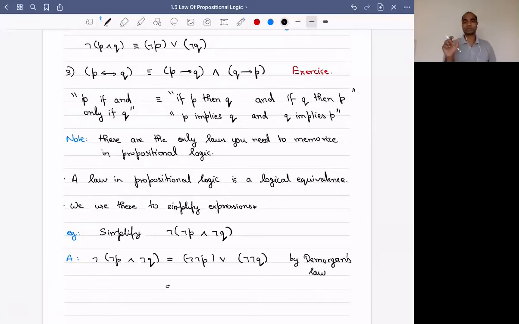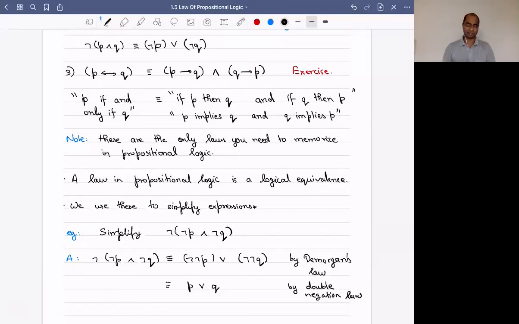And then I can use the law of double negation to get rid of the negatives there. And so I've shown that this complex expression, not of not P and not Q, is actually the same as P or Q.